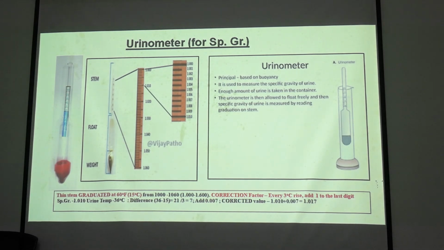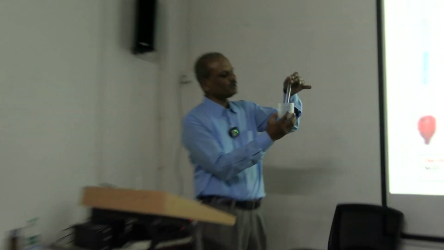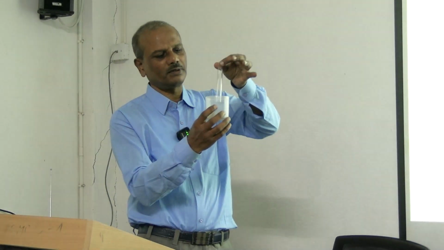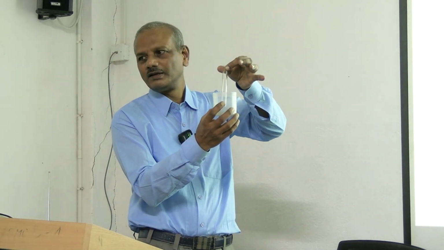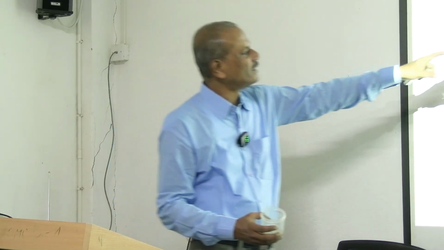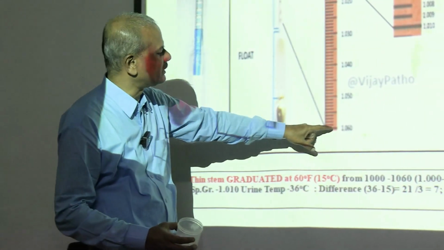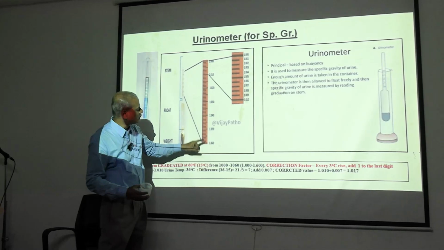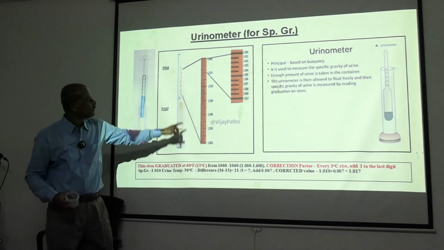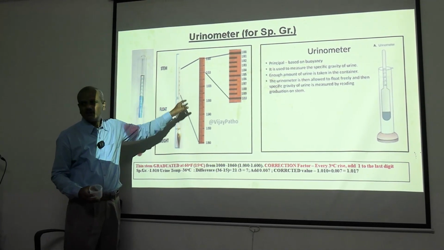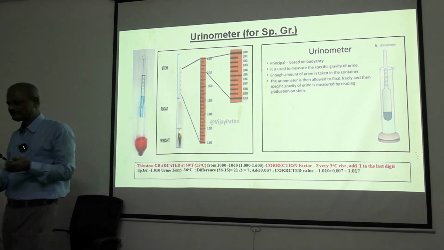Urine is put in a larger test tube and we put the meter in. It will float, and depending on the specific gravity, it is graduated from 1.000 to 1.060. Where it matches, that is the specific gravity.